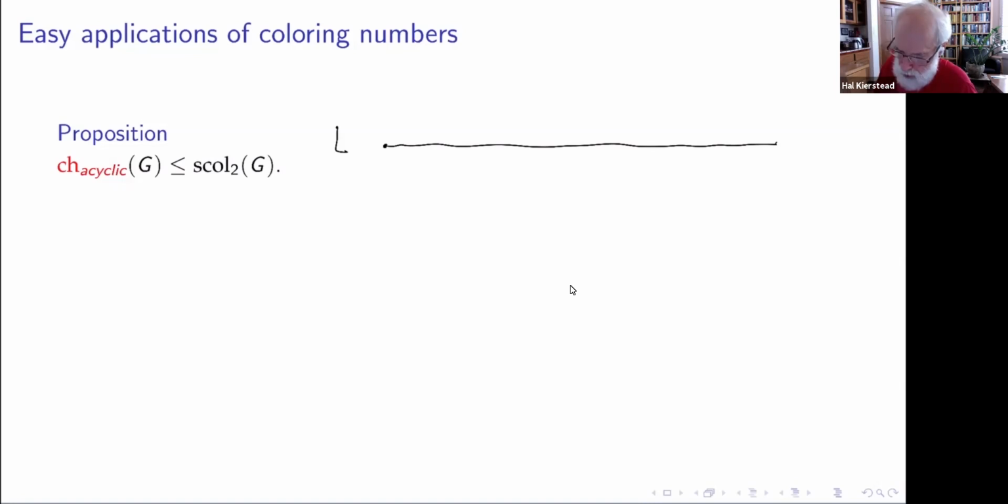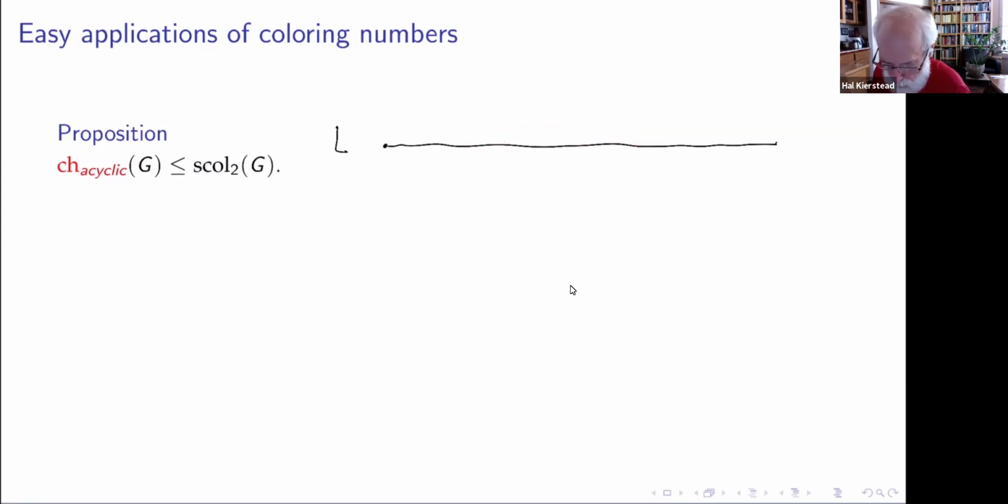What I claim is, if you color this graph greedily in this order, you get an acyclic coloring, even using lists. Greedy means that when I assign a color to this vertex here, it should be different from the color of any previous vertex that I can get to by a strong 2 path.